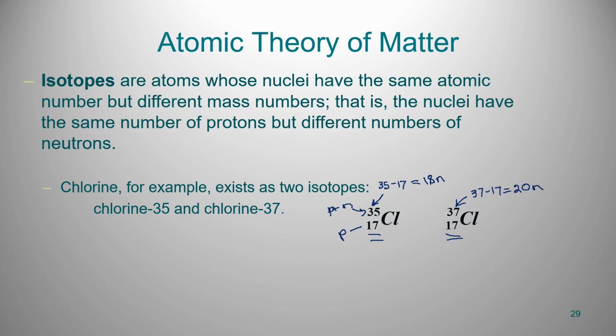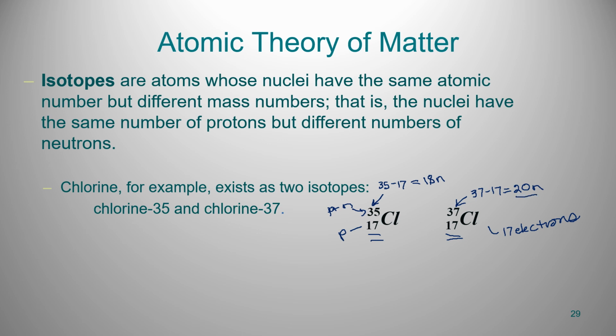So if you subtract, you get the number of neutrons. If we're talking a neutral atom, both of these have 17 electrons. So let's not worry about the electrons for now. Anyway, both of these atoms exist. So there's one atom that weighs 35 AMU, one atom that weighs 37 AMU. This is because this atom has 2 extra neutrons.